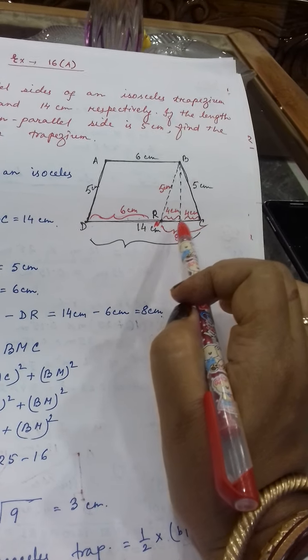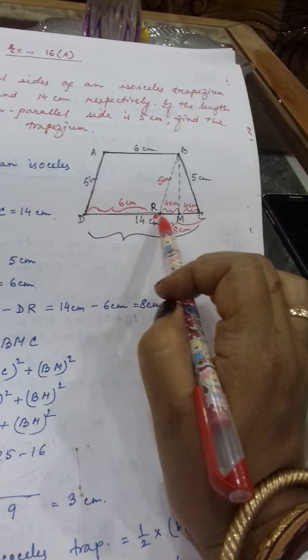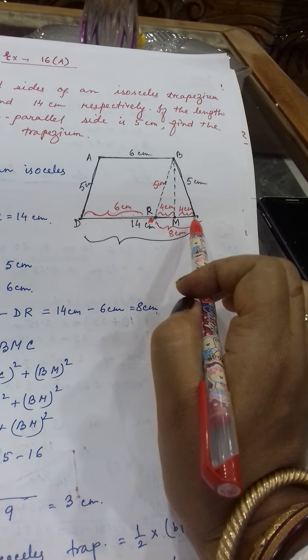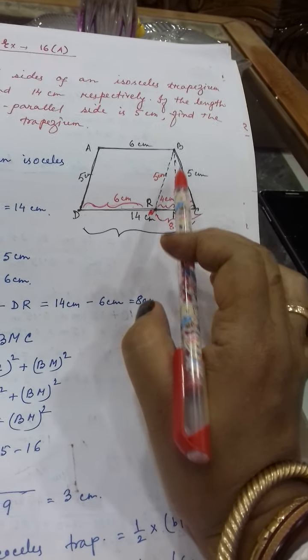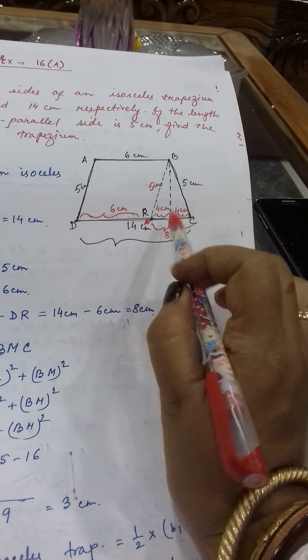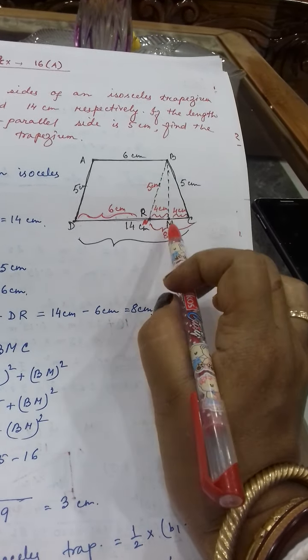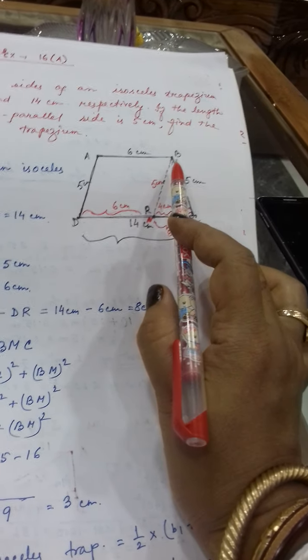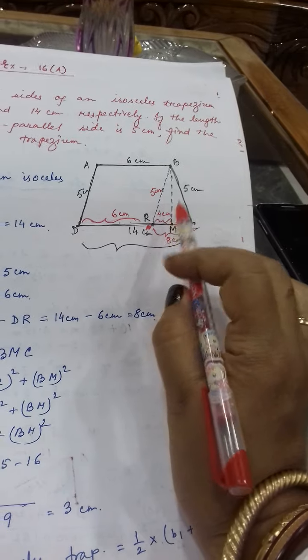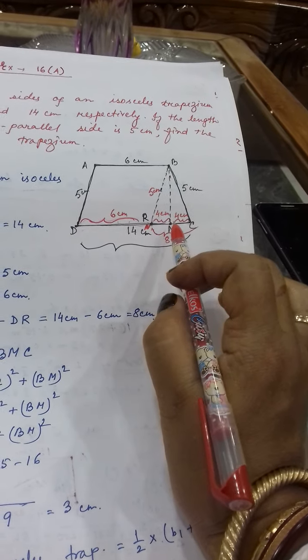Understood or not? So you have got RM also 4 centimeter and MC also 4 centimeter. Got it? Now you have to find out the altitude. That means this BM is the altitude, which one you have drawn as median. Clear? You have to find out first this value BM. It is the height or altitude.